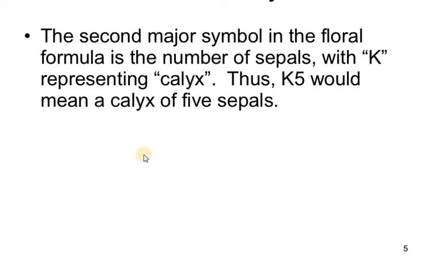If the digit 5 is in a bracket, that means there are 5 sepals but they are fused, the gamosepalous condition. If there is no bracket, that means polysepalous condition. So K5 represents polysepalous, and K5 in a bracket represents gamosepalous.